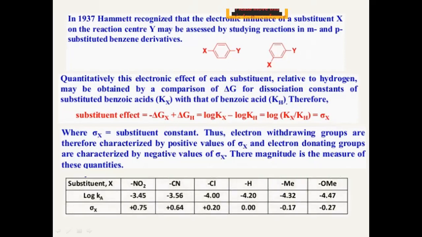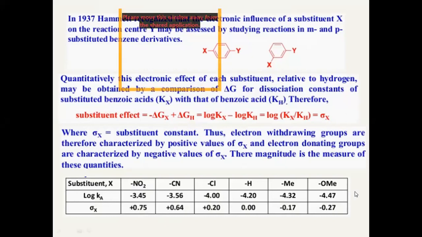Again, see here. This is the table. This table again gives you a clear cut idea. See, this value for simple benzoic acid is minus 3.45. If it is an x substituent, these are the substituents.